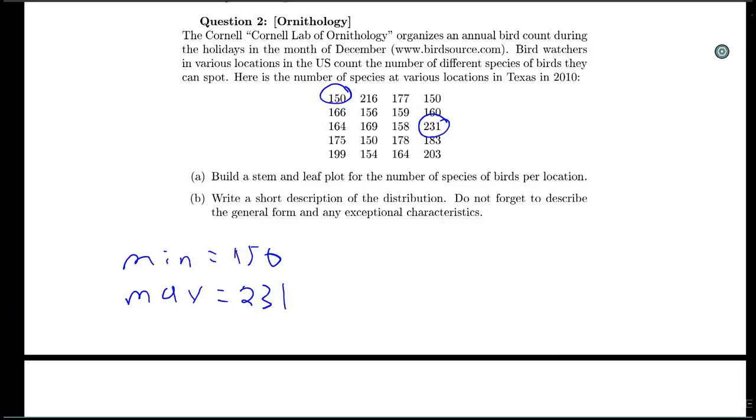Okay, so now when building the stem and leaf plot, what we'll do is first of all consider the outmost digit at the right to be our leaf, and so this means that the stem for this number would be 15, and then for the max, which is 231, the leaf would be 1, and then the stem is 23. And so we will need some stems from 15 to 23.